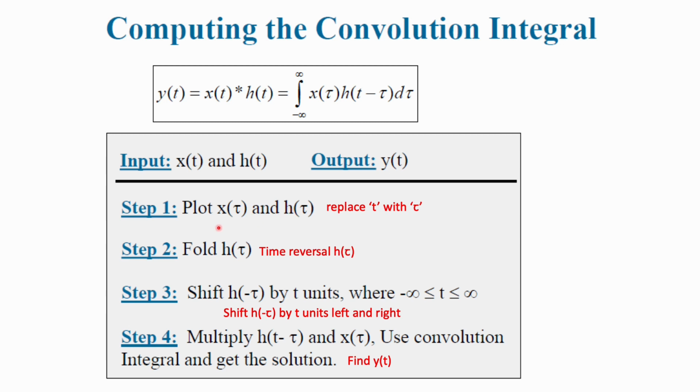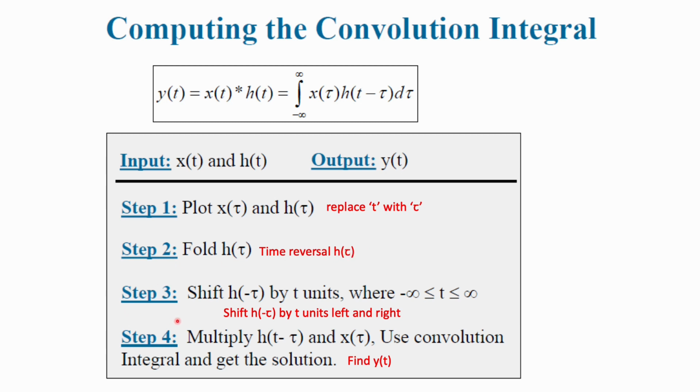Now the step 2 is fold h of tau, or reflect h of tau, or time reversal of h of tau. Time reversal is nothing but mirror image. So this is reflection. That h of tau is reversed with respect to the y-axis.